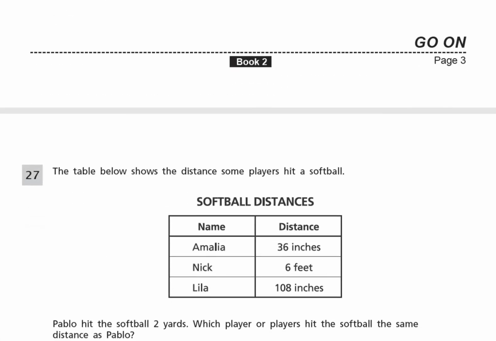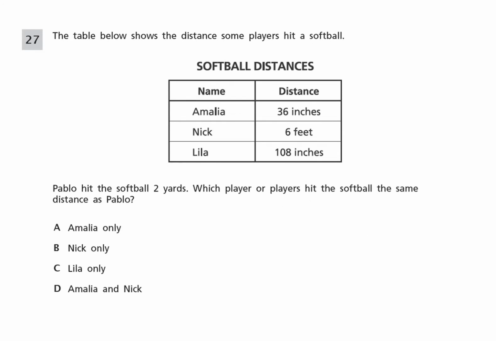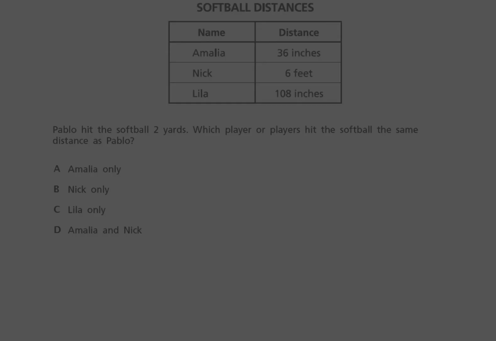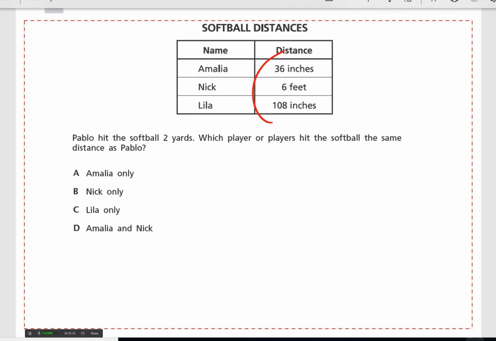Okay, question 27: the table below shows the distance some players hit a softball. Pablo hit the softball 2 yards. The table doesn't have yards, so they want you to change to yards. 36 divided by 12 is 3 feet, and 3 feet equals 1 yard. 6 feet will be 2 yards. 105, 108.